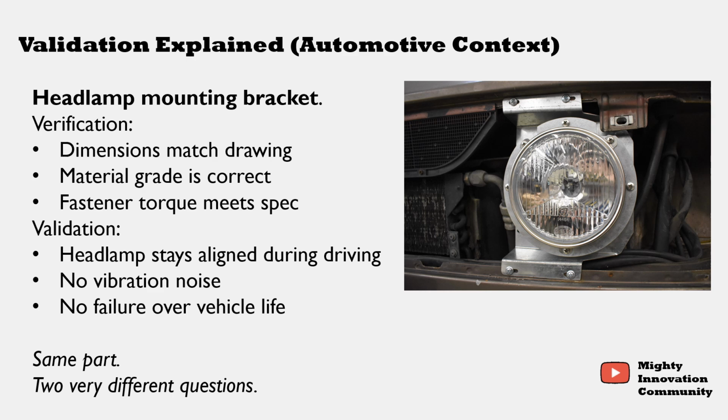When it comes to validation, the answers are like the headlamp stays aligned during driving, so there is no vibration, noise, or failure over vehicle life. So you see the difference, it's the same part but two different questions. These check items in validation are customer voices.